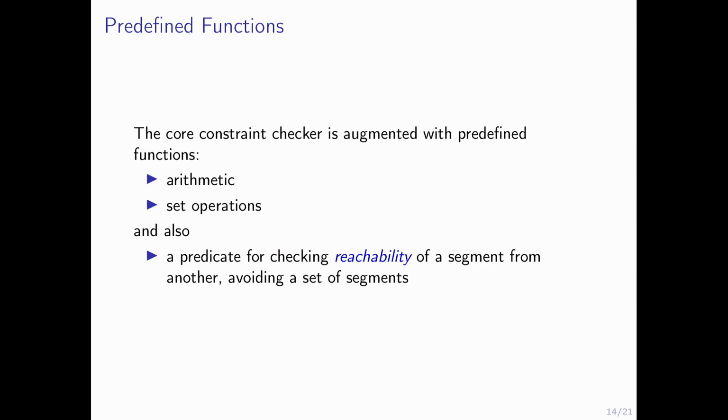In addition to what Claude just presented, we have some predefined functions, in which we add some arithmetic functions, addition, multiplication, and some set operations such as membership and union. We also have a way to check the reachability from one segment to another, avoiding a certain set.